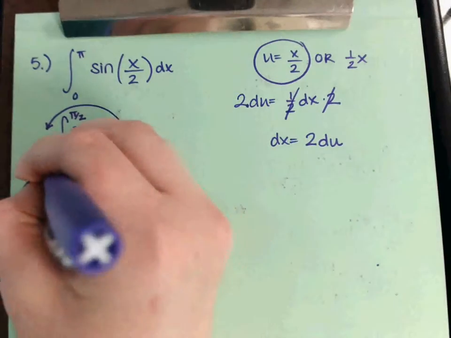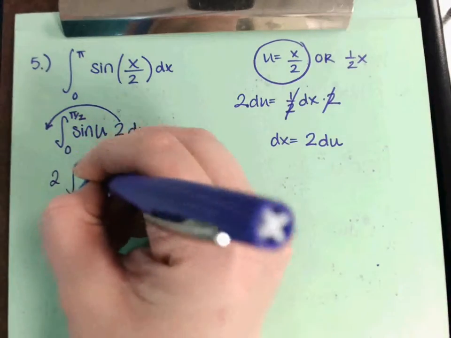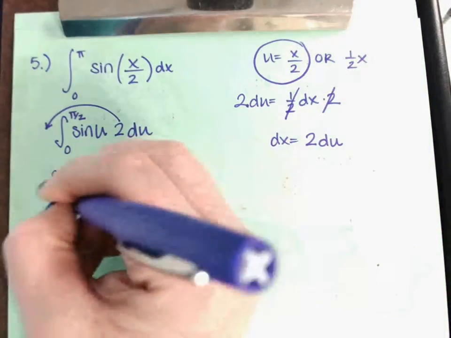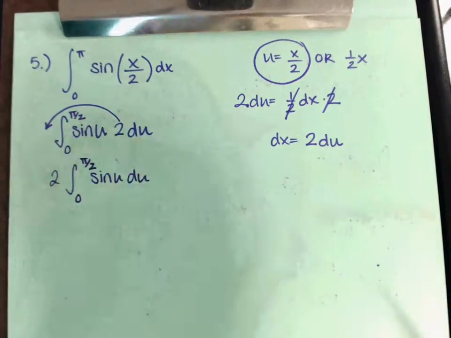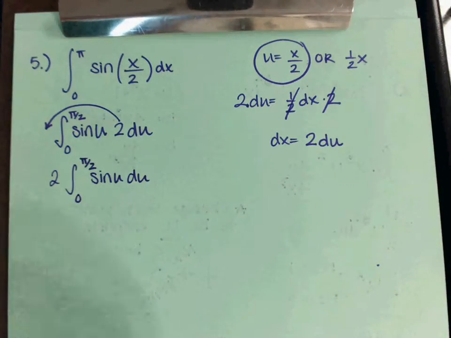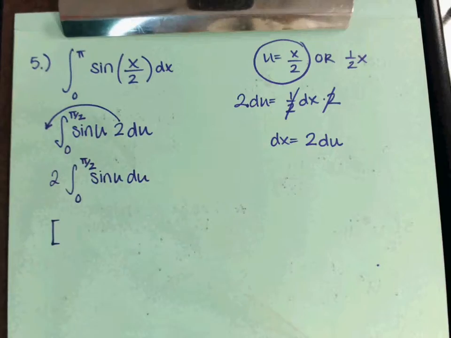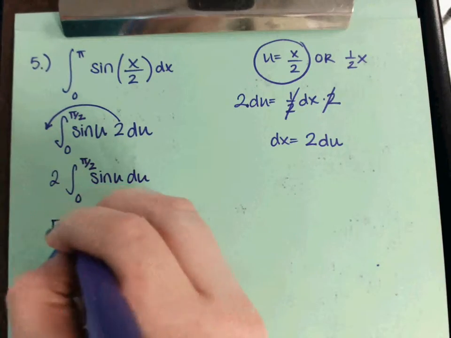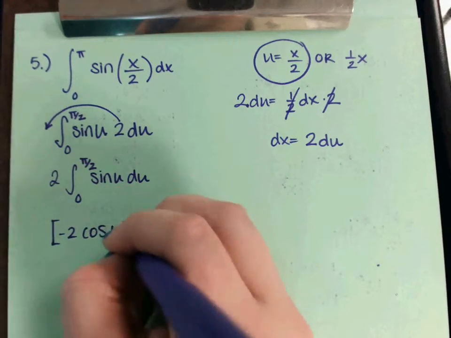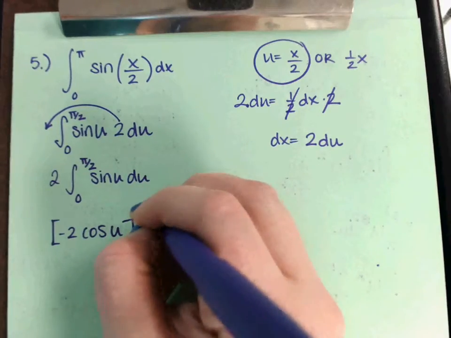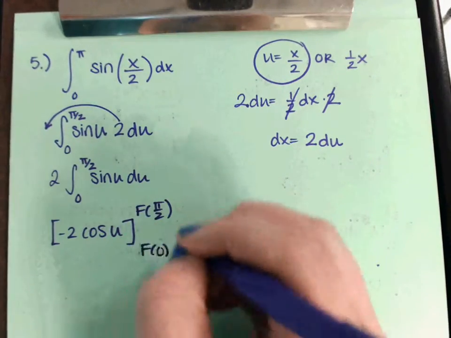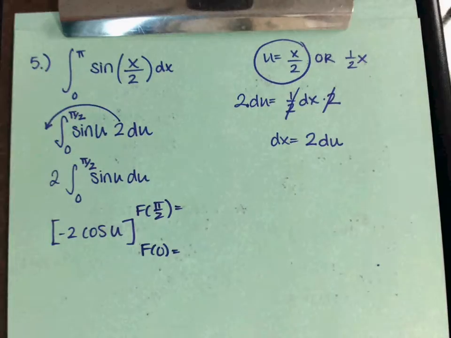So I have 2 times the integral of sine u du from 0 to pi halves. What's the antiderivative of sine? Okay, it'd be negative 2 cosine u, and then we're plugging in pi halves, then we're plugging in 0. Okay?